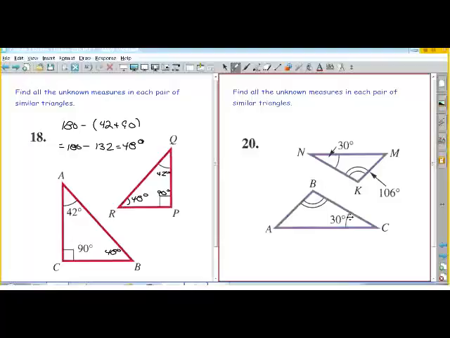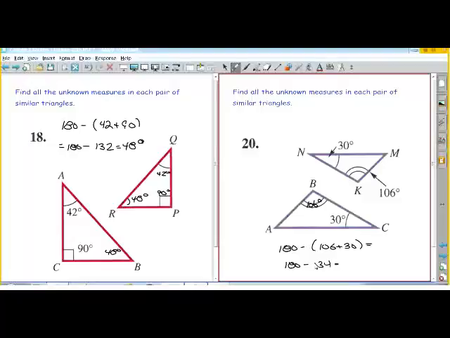So same thing here. This angle is 30 degrees. This angle is 30 degrees. This angle is 106 degrees. And then the final unknown angle you can calculate by taking 180, subtracting the sum of the other two angles.